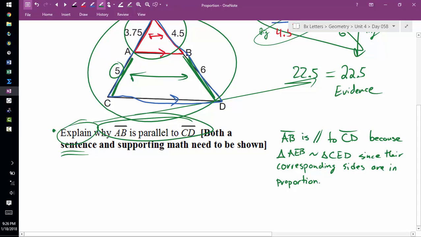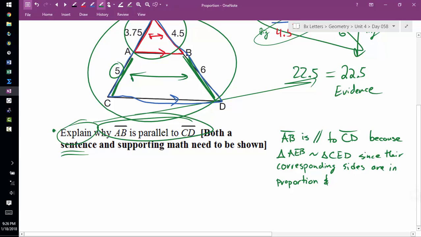Okay? You could say, or they have equal ratios. And if sides are, let's see, AB is parallel to CD because the triangles are similar since corresponding sides are in proportion.